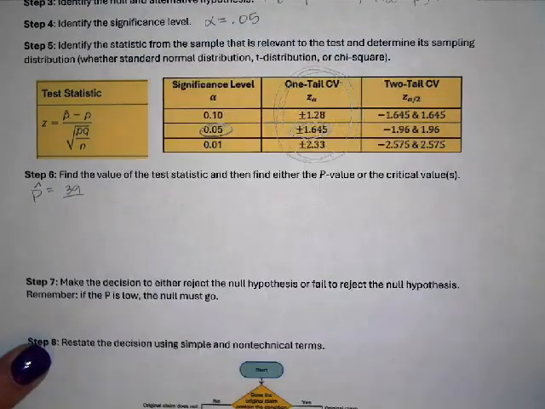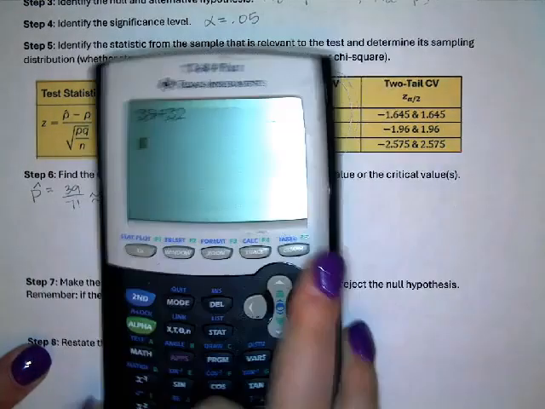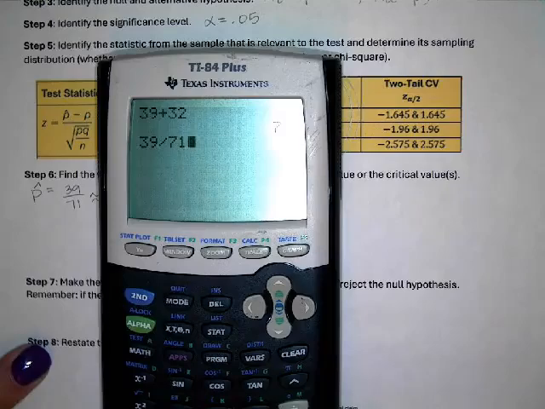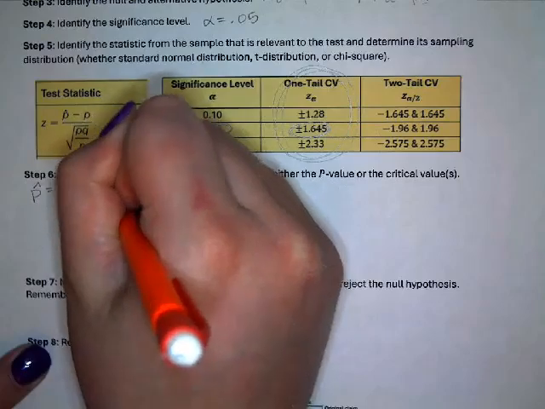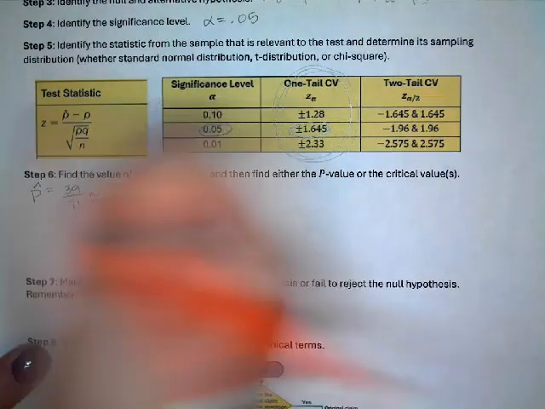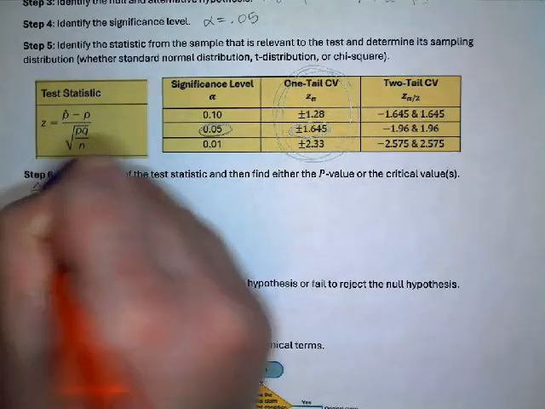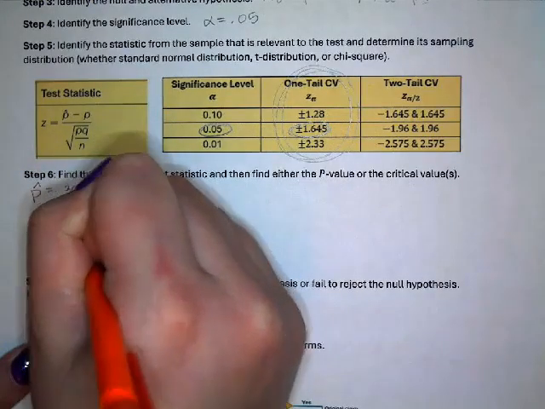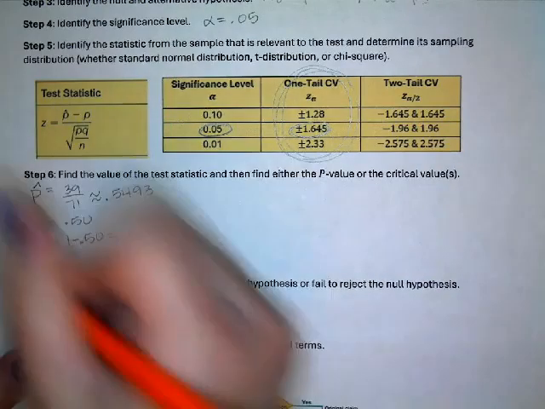So that means that P hat is 0.5493. Okay, P is 50%. Q is the complement of 50%, which is still just 50%. And then the sample size is 71 people.